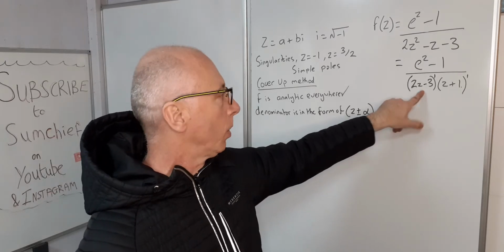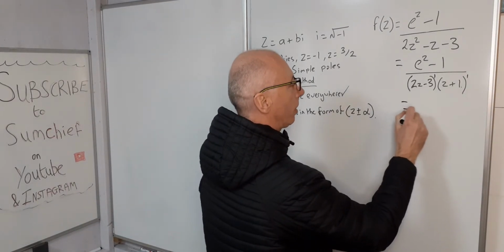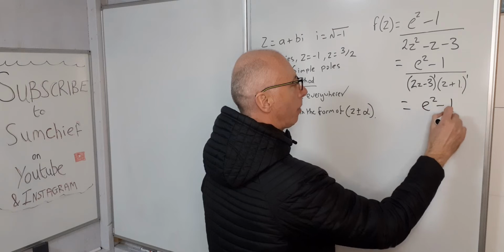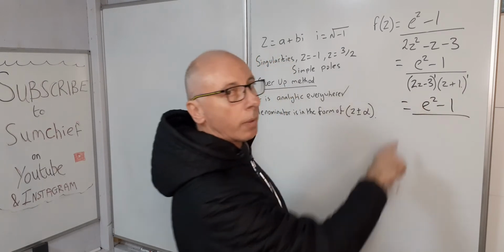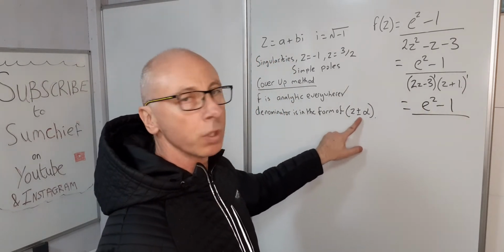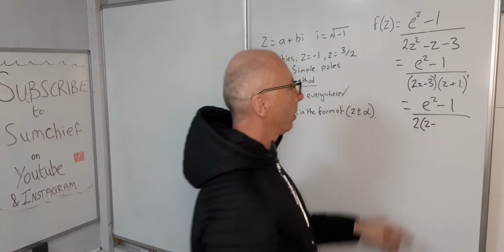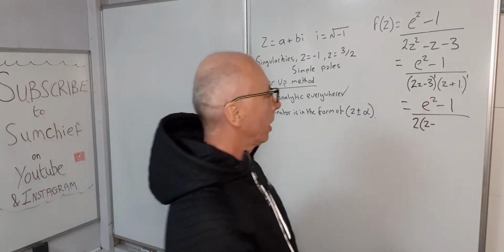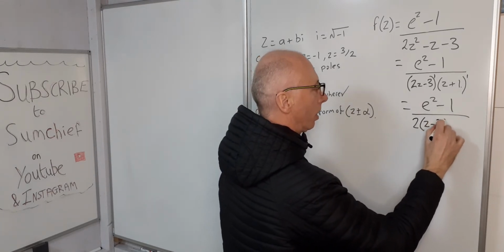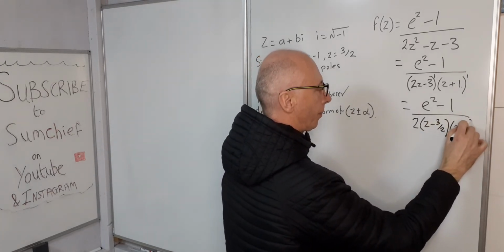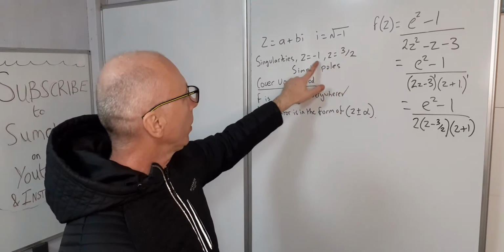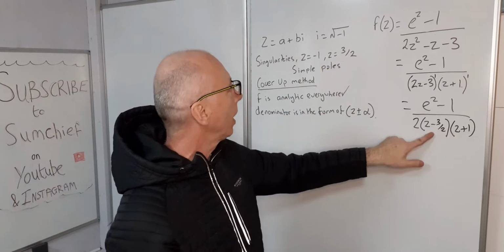This one, a little bit of work to do. So let's change that one now. We have e to the z minus 1, take this 2 out. Then we go in the form of z plus or minus alpha: 2z minus 3, divide that by 2, that's 3 over 2, and z plus 1. Again, we've got our simple poles at minus 1 and plus 3 over 2.